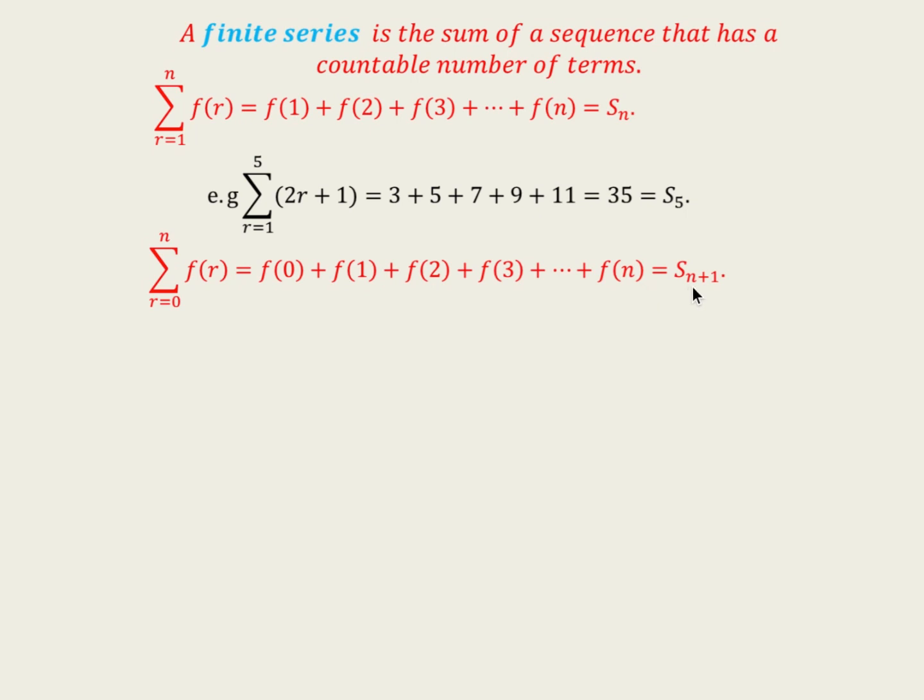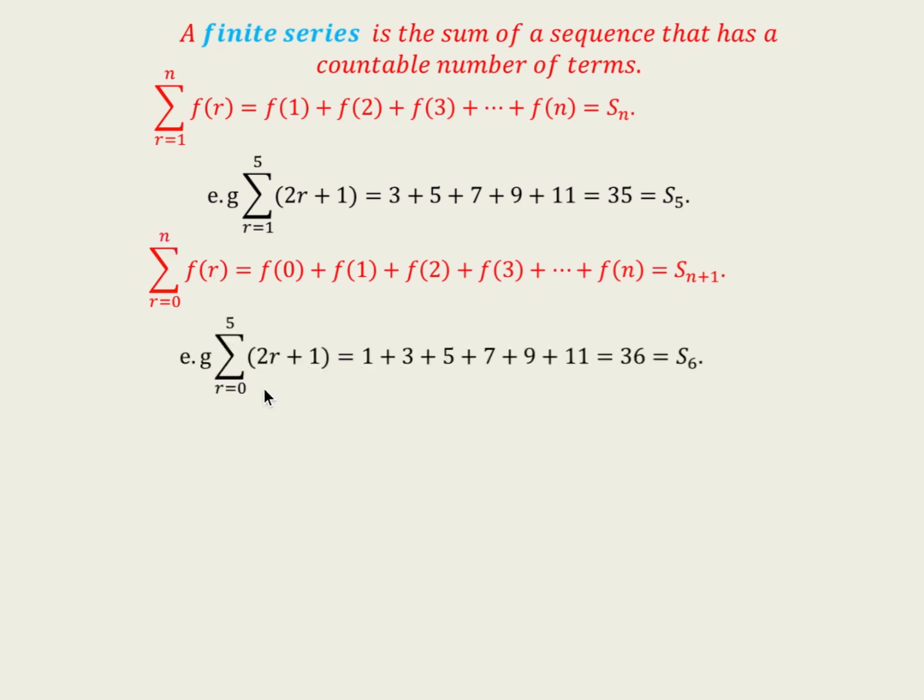So in this case, we are not dealing with the nth partial sum, but the n plus 1th partial sum. So when the series begins with r equals 0, you would be having n plus 1 terms instead of n terms. Take note, because sometimes to evaluate such a sum, students have difficulties dealing with the number of terms. When the lower limit is 0, the number of terms is no longer n, but n plus 1.